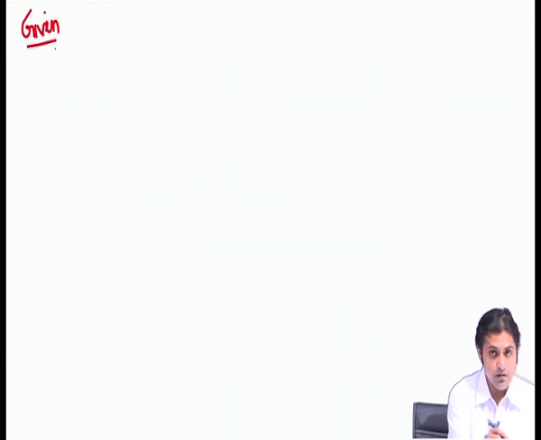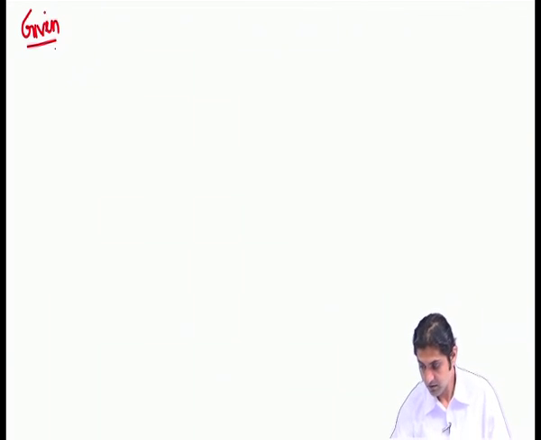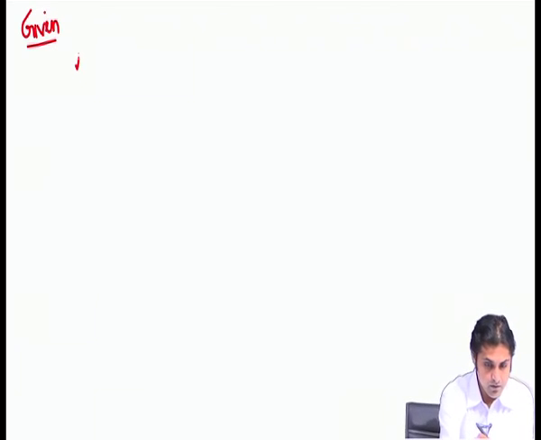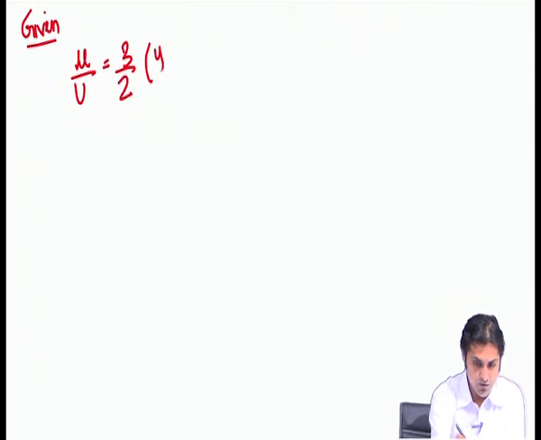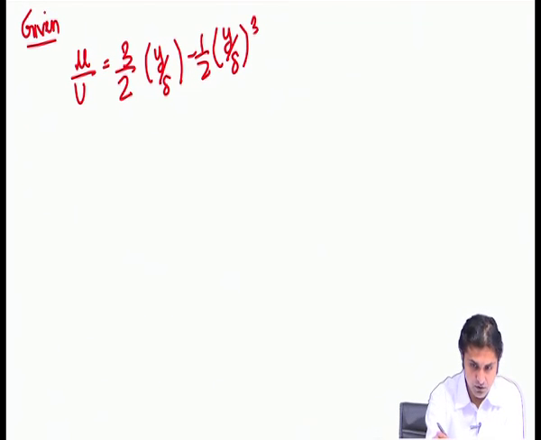So, first write what is given to us: u by capital U is equal to 3 by 2 y by delta minus half y by delta to the whole cube.